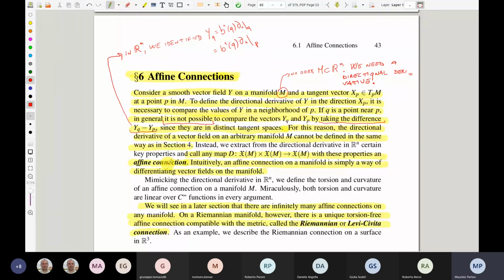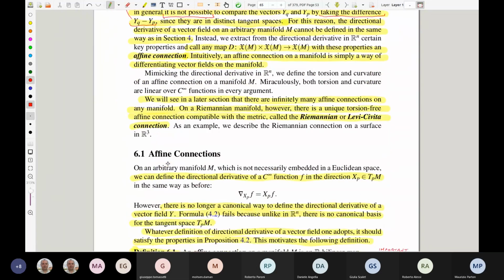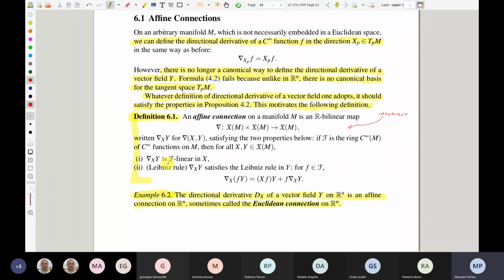And we remember that a connection is, since we are extracting properties of the derivative, because we are taking properties of the directional derivative in Rn, we think of this connection as a way of taking directional derivatives in a general manifold. So which are these properties?